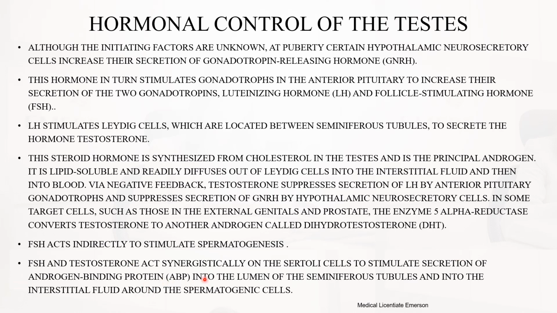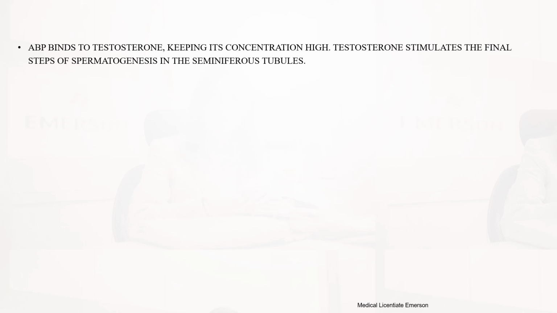Follicle stimulating hormone and testosterone act synergistically on the Sertoli cells to stimulate secretion of androgen binding protein, or ABP, into the lumen of the seminiferous tubules and into the interstitial fluid around the spermatogenic cells. The ABP binds to testosterone, keeping its concentration high. Then testosterone stimulates the final steps of spermatogenesis in the seminiferous tubules.